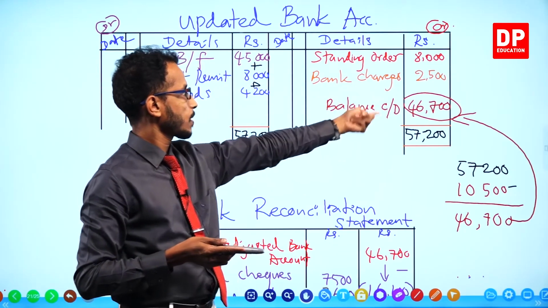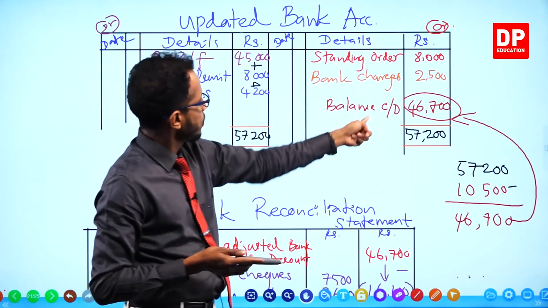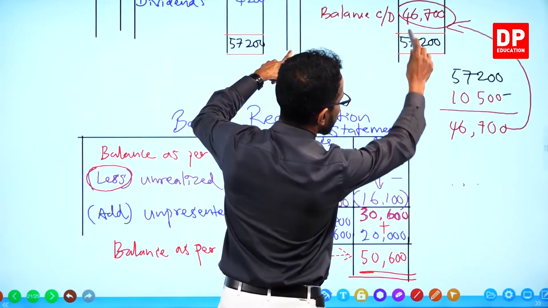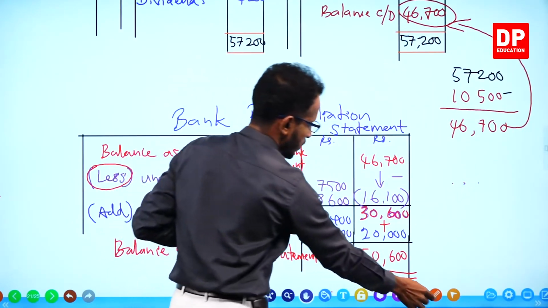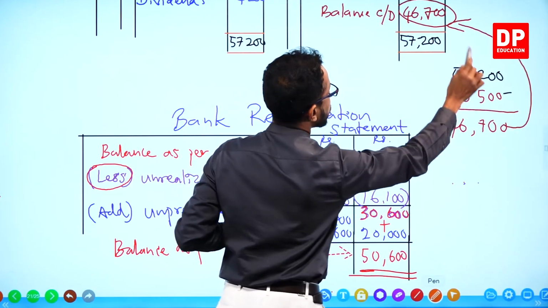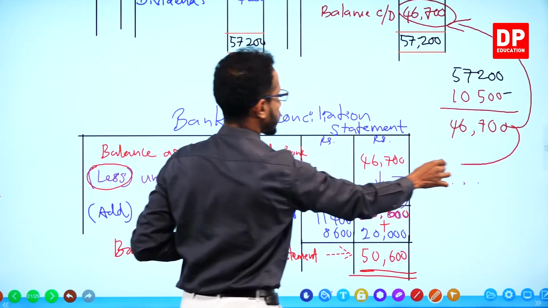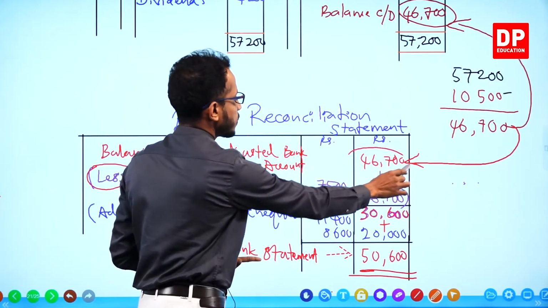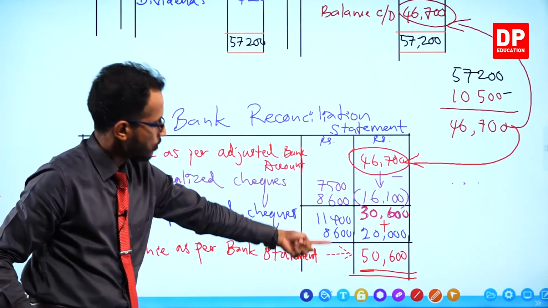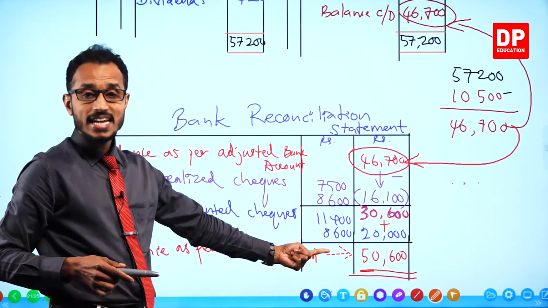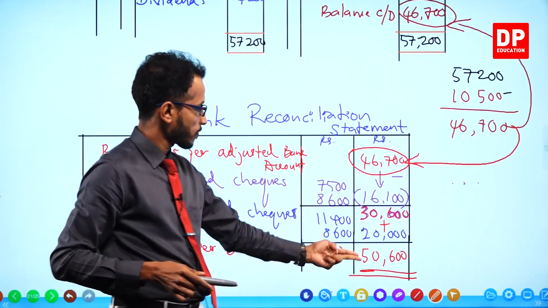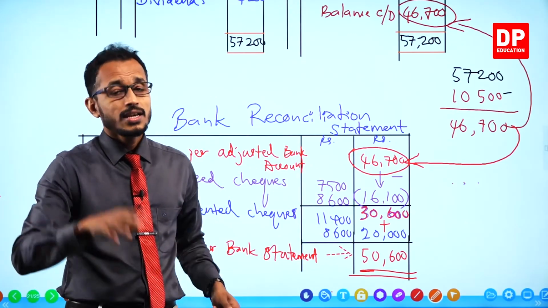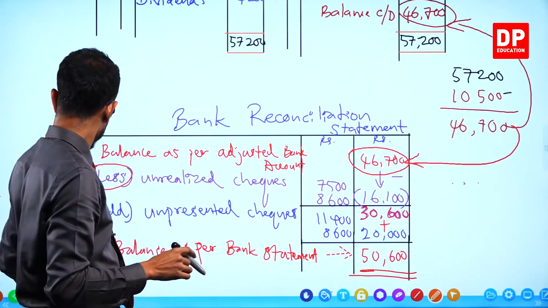Then we took the updated bank balance to the reconciliation statement, and we reconciled this balance to the statement balance. We don't know the statement balance. In the question, it is not given.